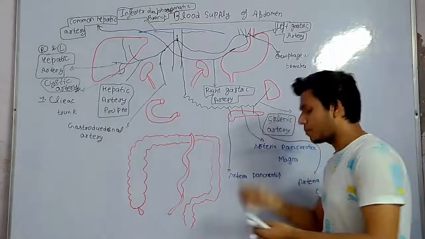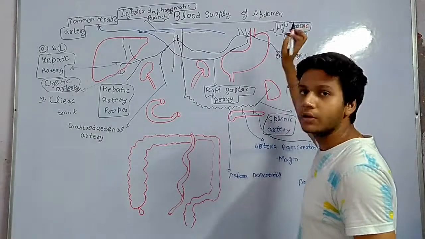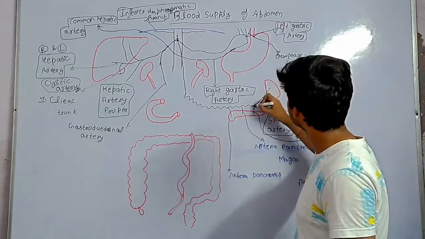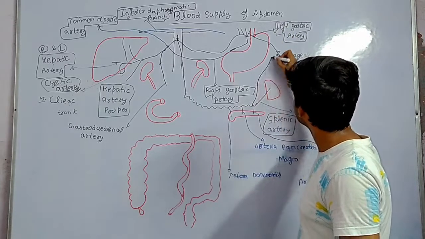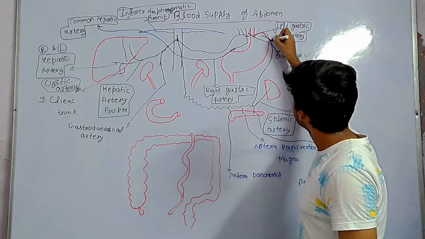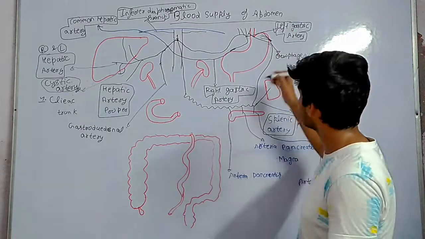Then another point is the splenic artery gives some branches which supply the fundus of the stomach, like this. Fundus of the stomach first. Splenic artery branches.